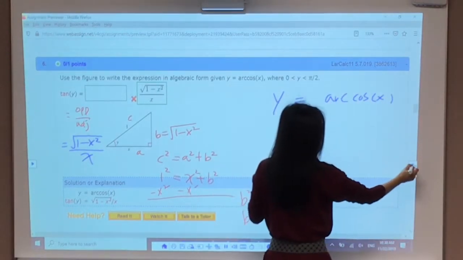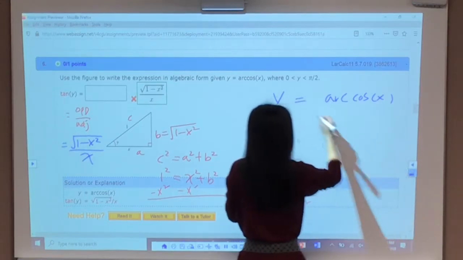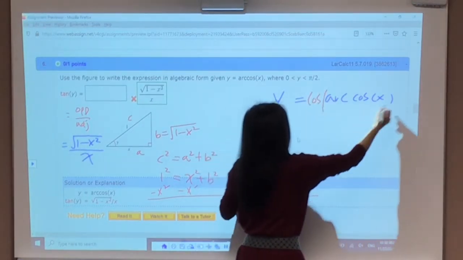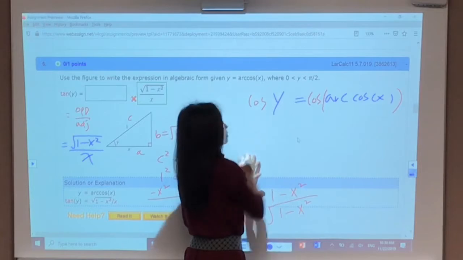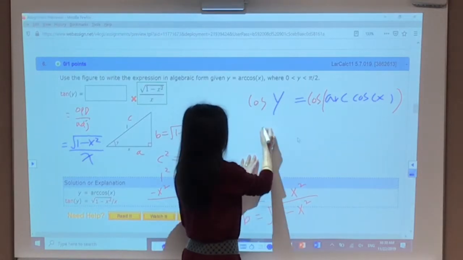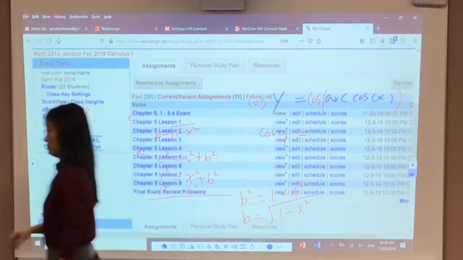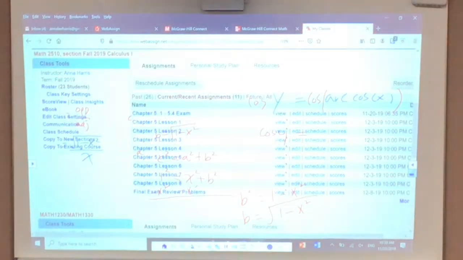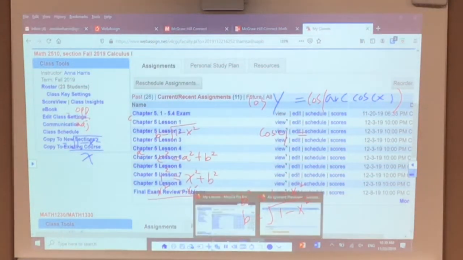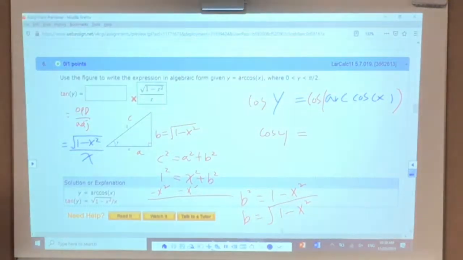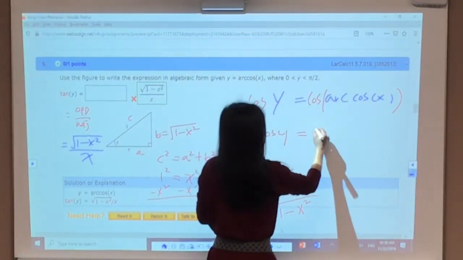So first thing you're going to do is apply what? Cosine in the front. And you're going to say cosine y is equal to, whoa, what happens? Cosine y equals what? Simply x.